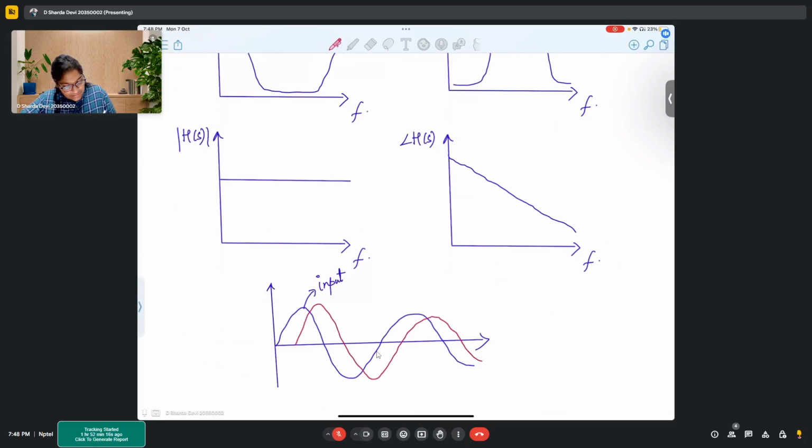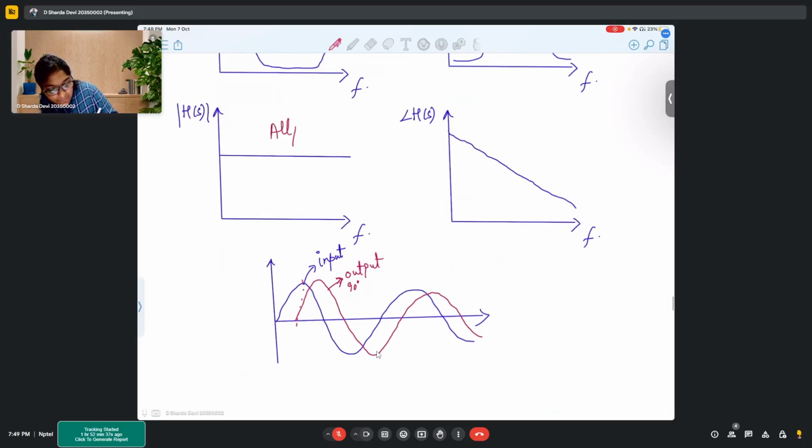It introduces a phase shift of 90 degrees. It can introduce any phase shift, but here we are talking about a 90-degree phase shift. So this all-pass filter is used to introduce phase shift into the system.